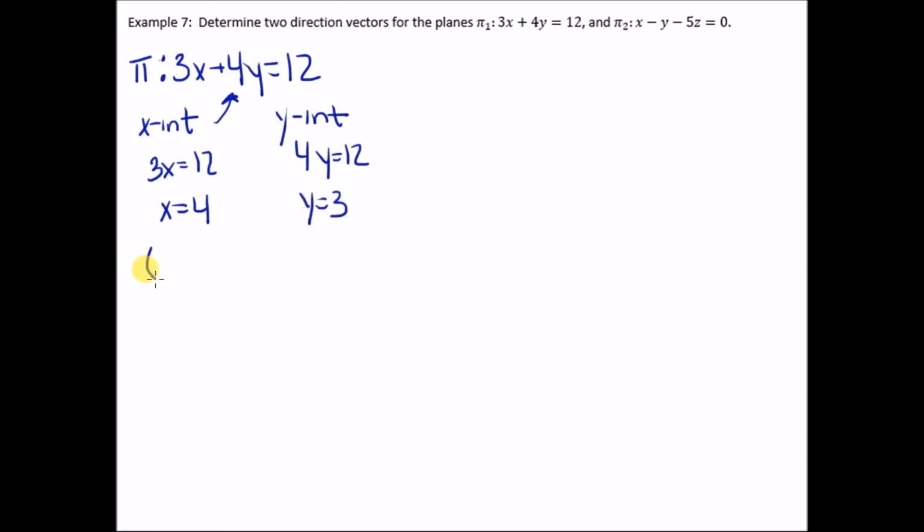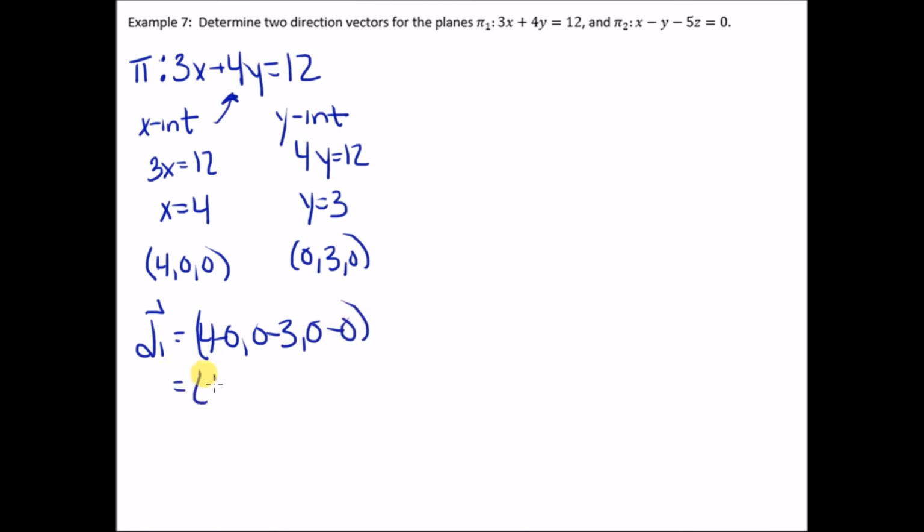So we have the point (4, 0, 0) and then (0, 3, 0). So one of our direction vectors can be (4 minus 0, 0 minus 3, 0 minus 0), which is just (4, -3, 0). So that's one of our direction vectors.